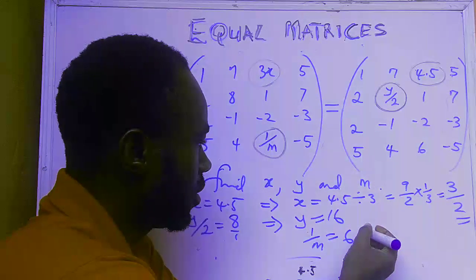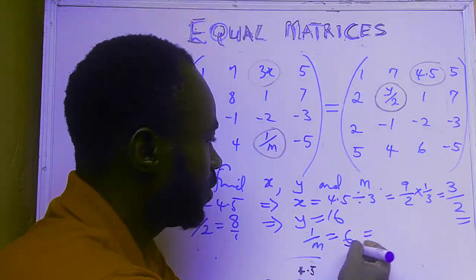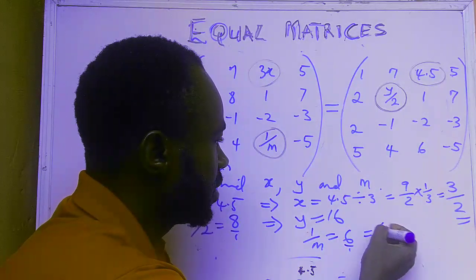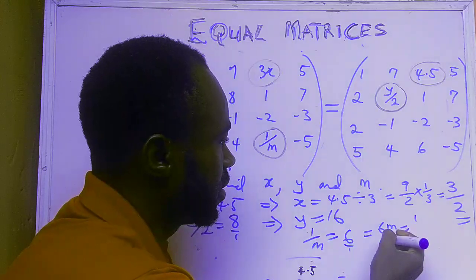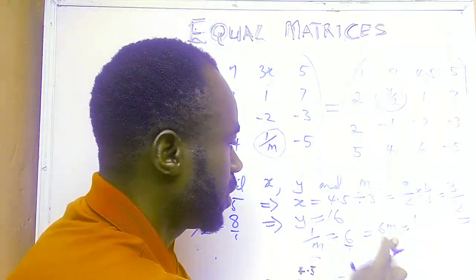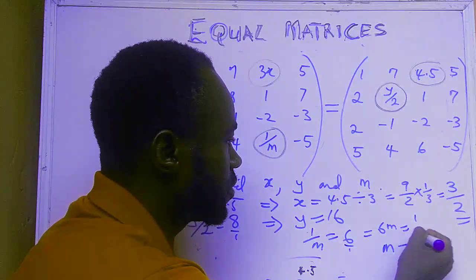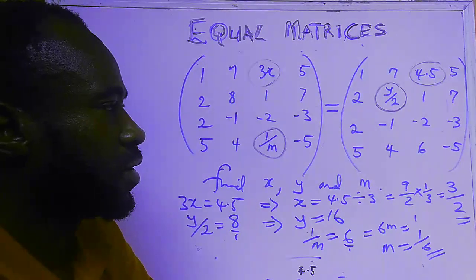And also, if we cross multiply to get m, remember this is over 1, we have that 6m is equal to 1. So therefore, our m is equal to 1/6.